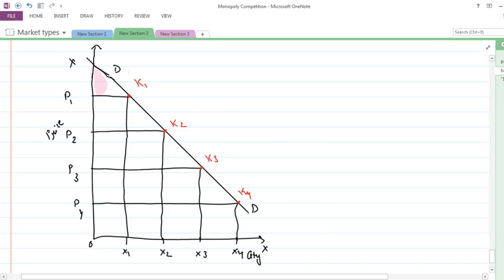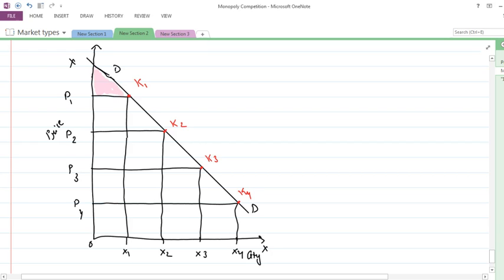Okay, this is the consumer surplus that they would be getting. The highlighted pink portion is the consumer surplus that they get.